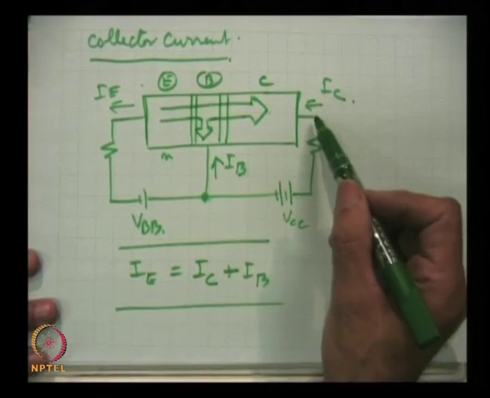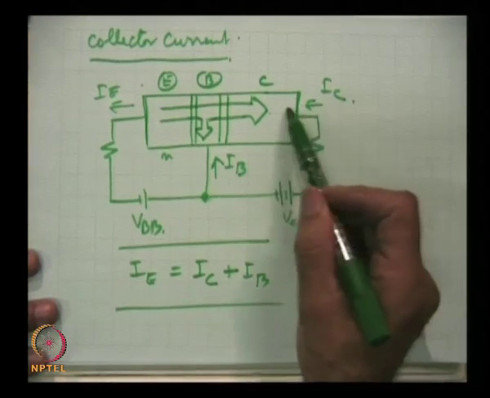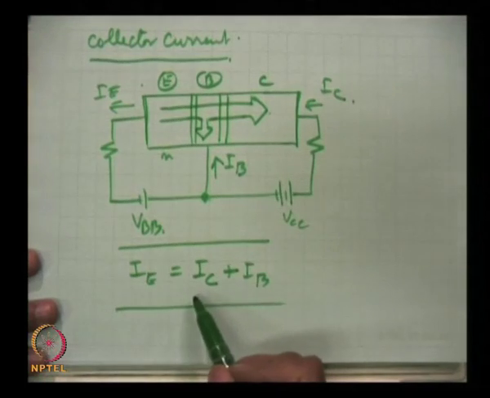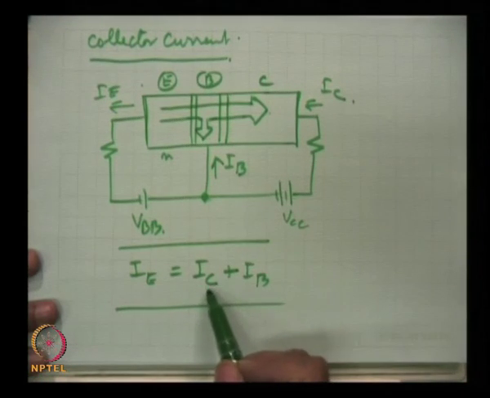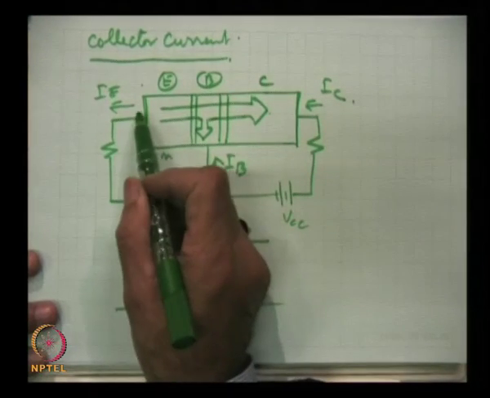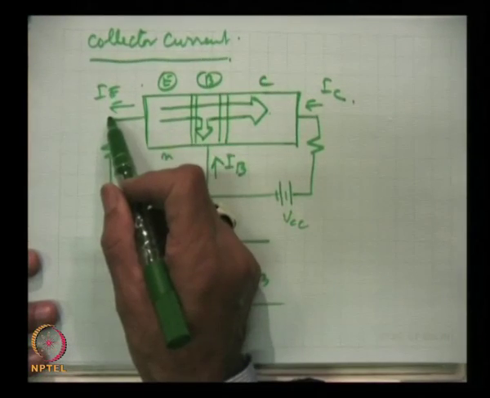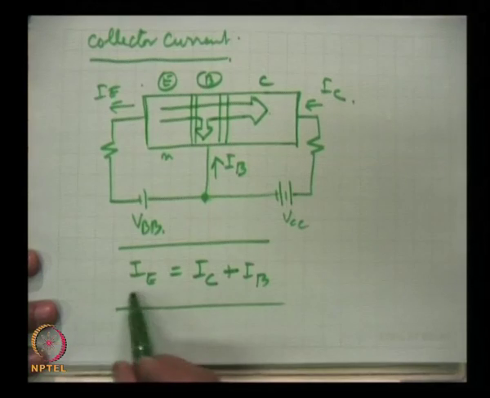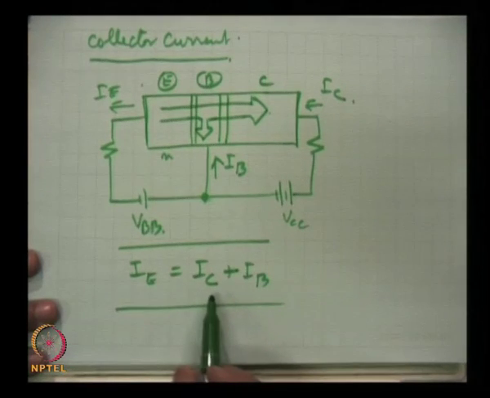The currents entering the device we take as positive; IC and IB are both entering the device, and the current coming out of the device is IE. So, IE is equal to IC plus IB.